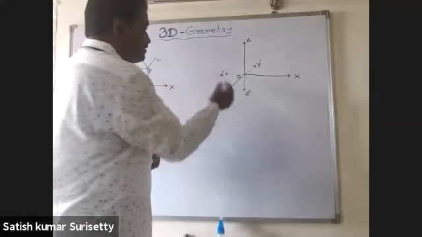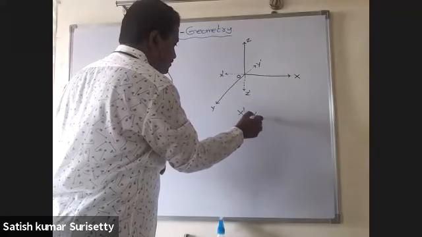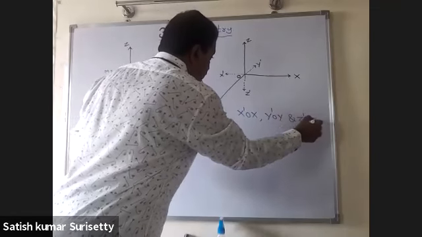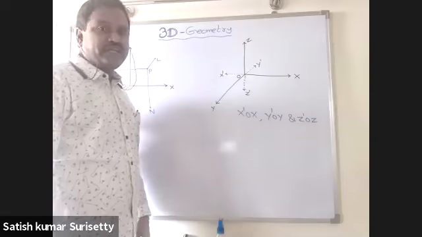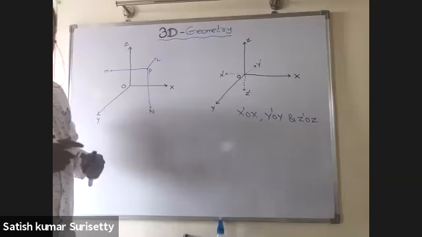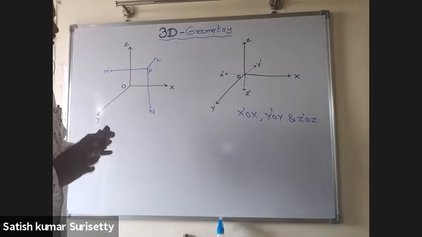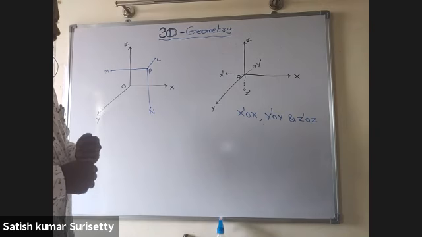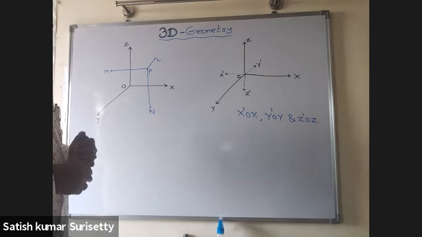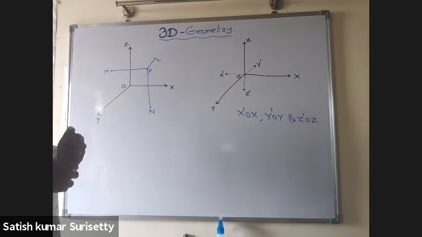X dash OX, Y dash OY and Z dash OZ are three real number lines mutually perpendicular to each other, intersecting at a point O, called origin.